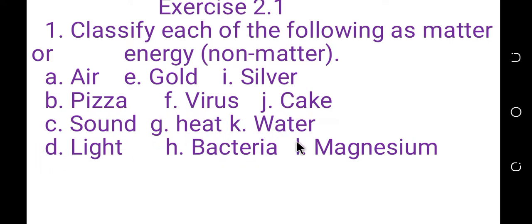Magnesium is an element, ንጥረ ነገር ነው. Light, sound and heat are not matter. They are non-matter, that means energy ናቸው. But air, pizza, gold, silver, cake, virus, water, bacteria and magnesium are examples of matter.